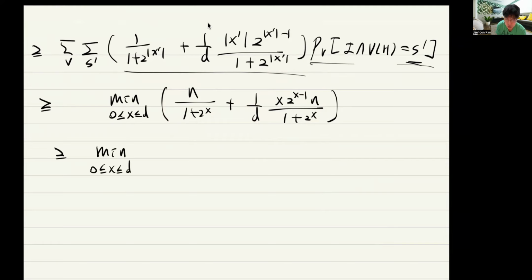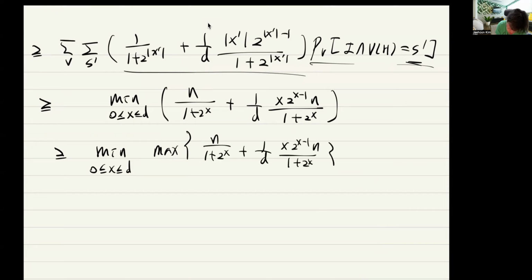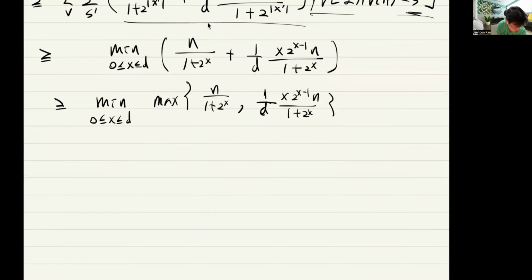And I mean, just as we are not aiming for obtaining the optimal constant, let's just take the bigger one out of these two. And this is the lower bound.